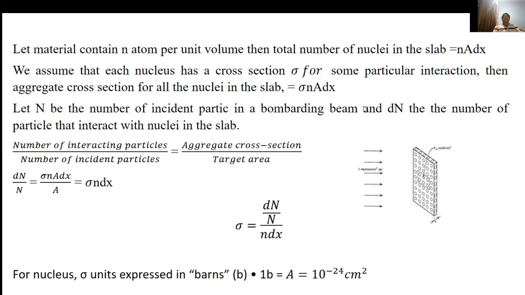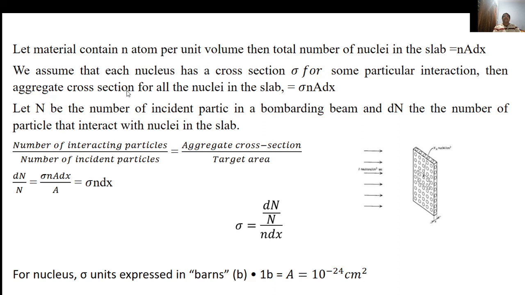We assume that each nucleus has a cross section sigma for some particular interaction, then the aggregate cross section for all the nuclei in the slab is equal to sigma n A into dx.